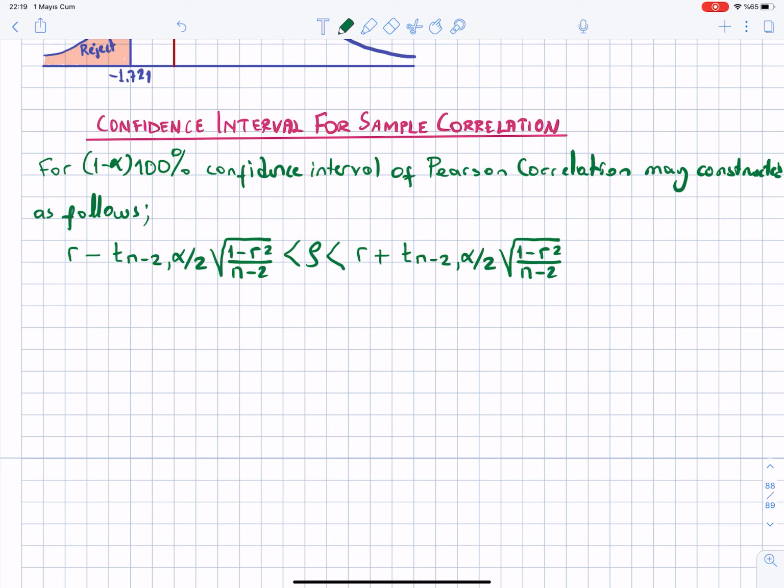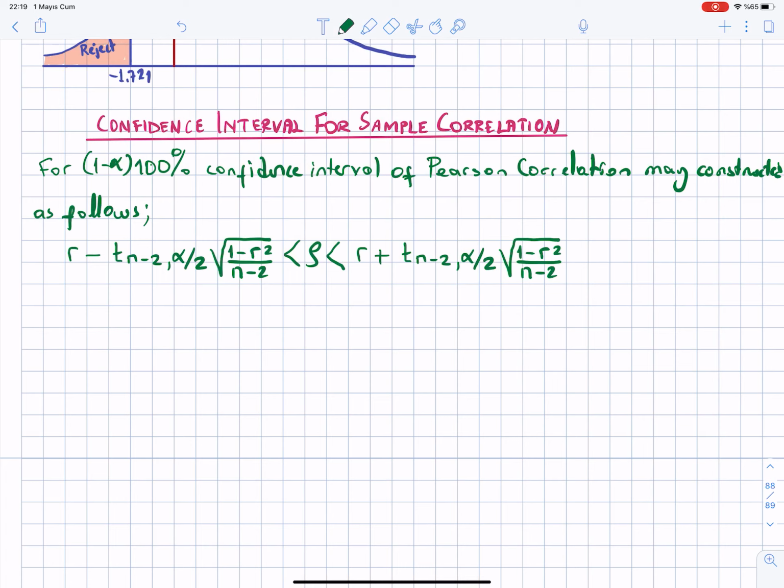In many books they don't care about this, and in many statistics software you may get a lower bound less than -1 and an upper bound greater than 1, but that isn't true. Those types of software don't care about the bounds; they just present the calculation.